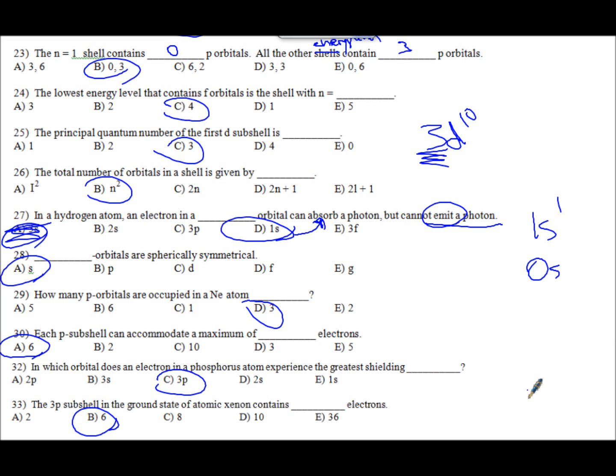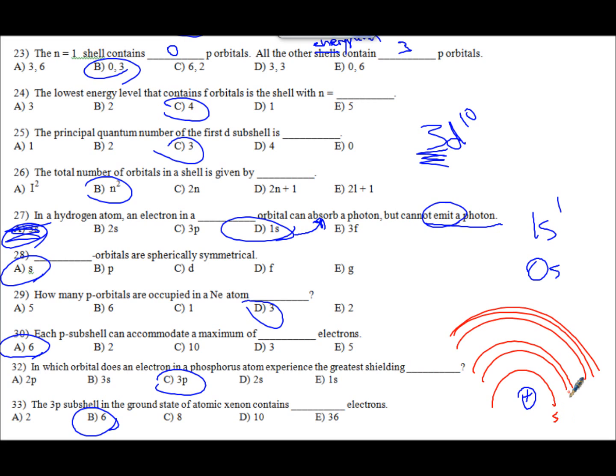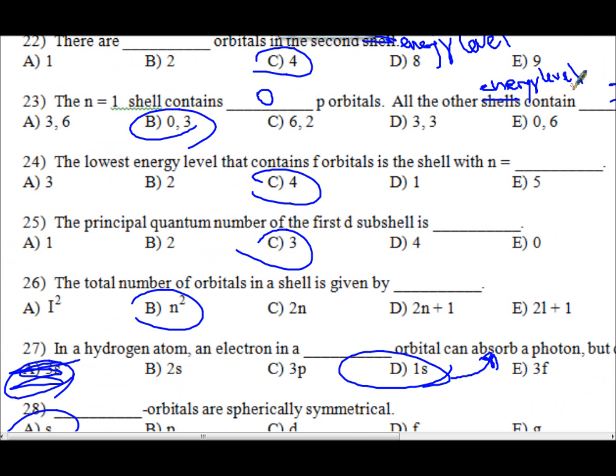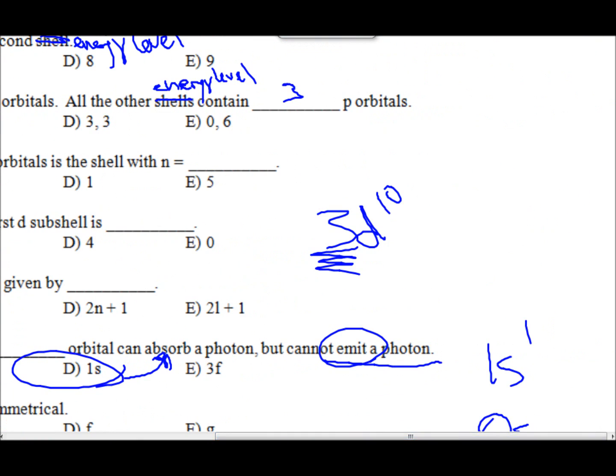So we have the nucleus, and then we have 1s, 2s, 2p, 3s, 3p, 3d. And each of these energy levels, s, s, p, s, p, d, is shielding the previous layer. Let's zoom in there.